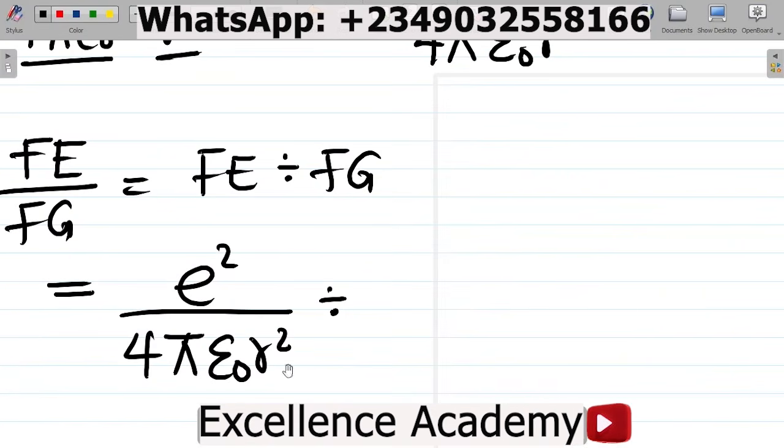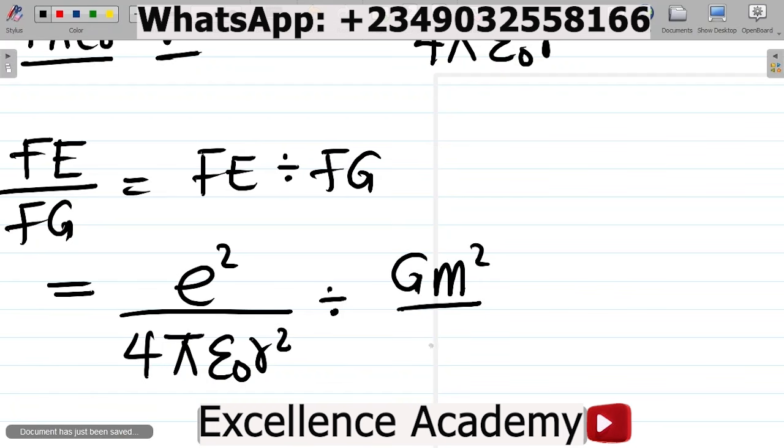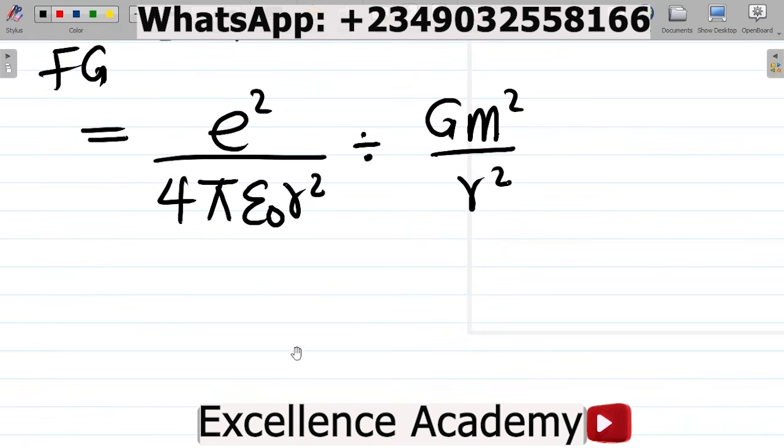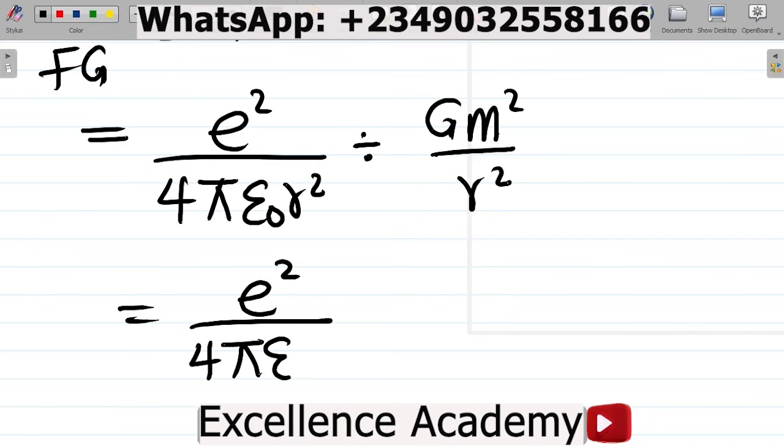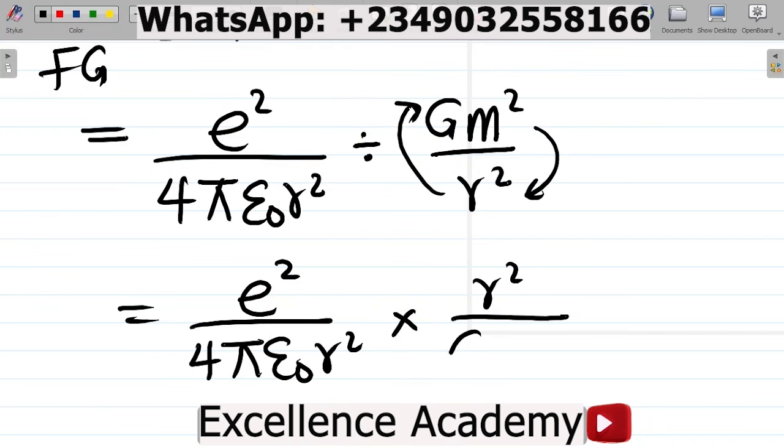Fg is G m squared all over R squared. So work on this. This is equal to E squared all over 4 pi E naught R squared. Division becomes multiplication, so it becomes times. This goes up and this comes down. That becomes R squared all over G m squared.